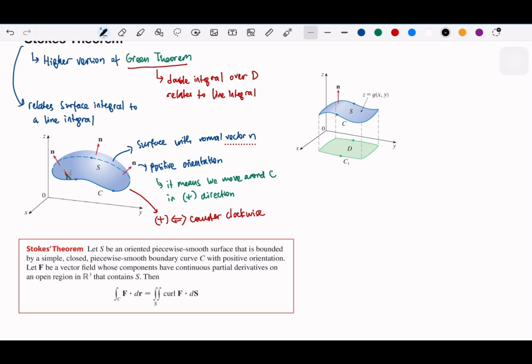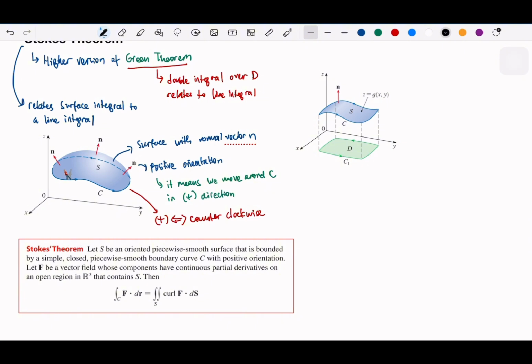Like if you see a person walking around, the positive will be what we call the counterclockwise rotation. That will be the positive orientation. Or if the given information doesn't really say which way the rotation goes, counterclockwise or clockwise, by definition you can assume that it will be positive, or you could say it will be counterclockwise.